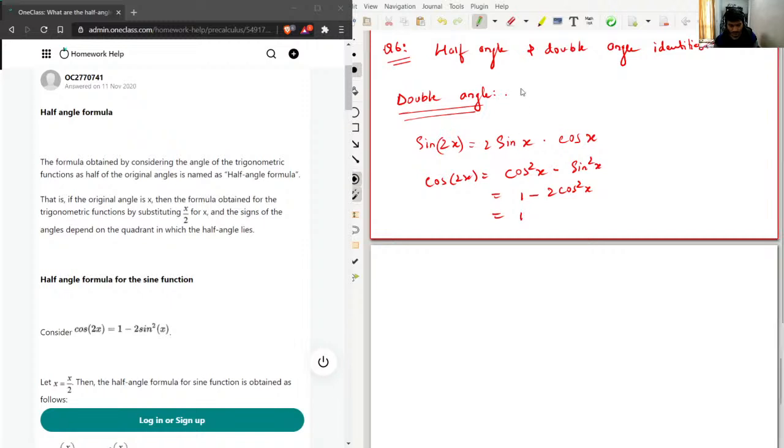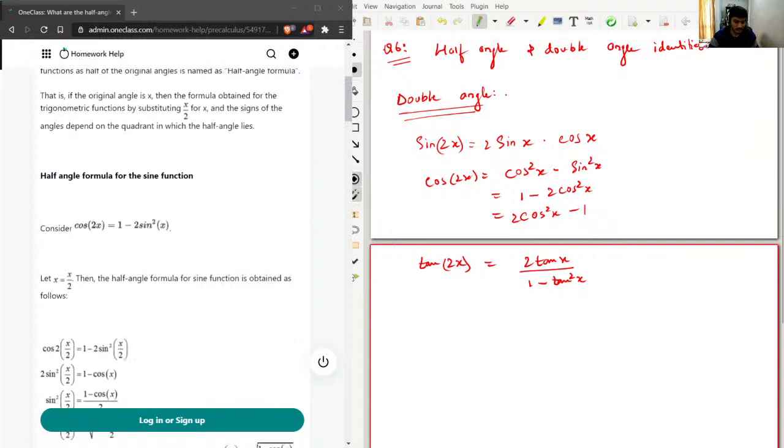For cosine we have three formulas. I don't know why, but cosine gets a special kind of treatment. For tangent, tangent 2x is 2 times tangent x over 1 minus tangent square of x. Now obviously we have derivations for sine 2x, cosine 2x, and tangent 2x, which you can clearly see in this solution also.